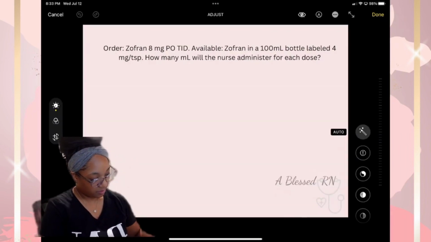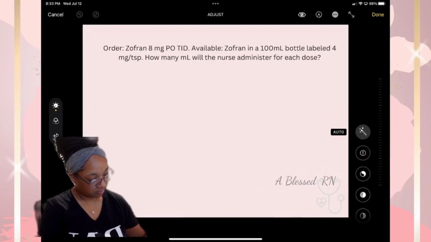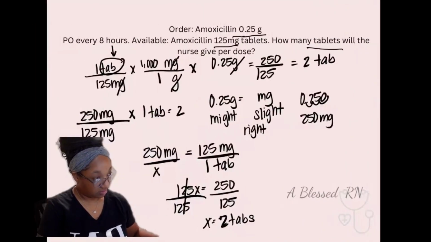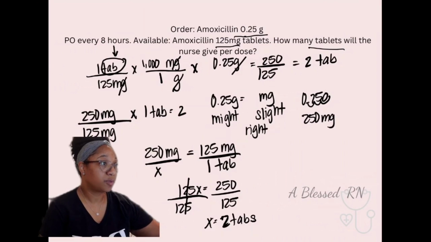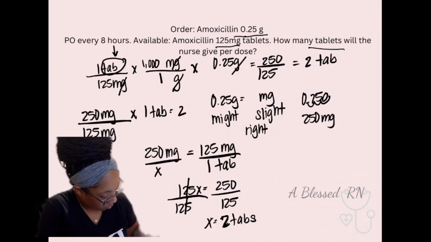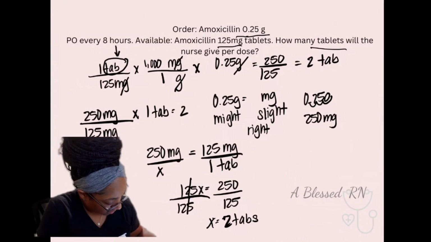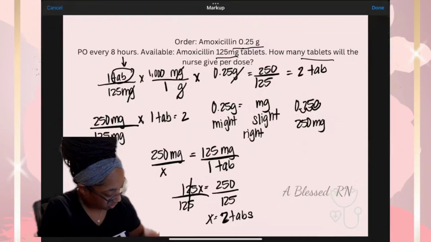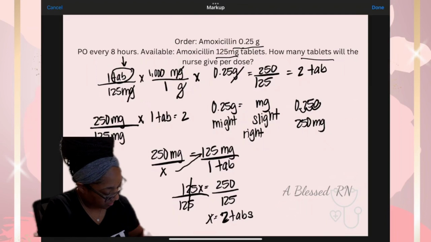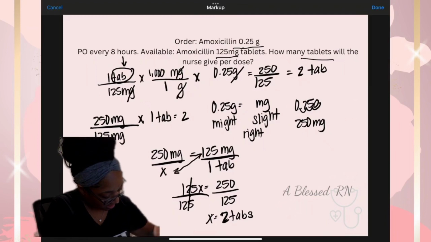Okay, you lost? Which part? The cross multiply? To cross multiply, you go this times this and this times this.